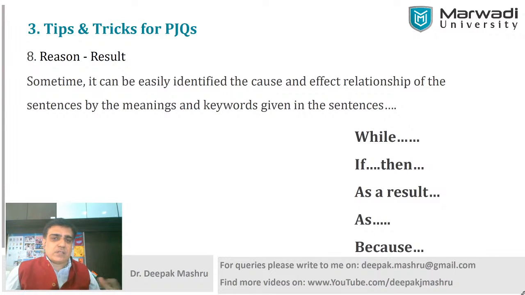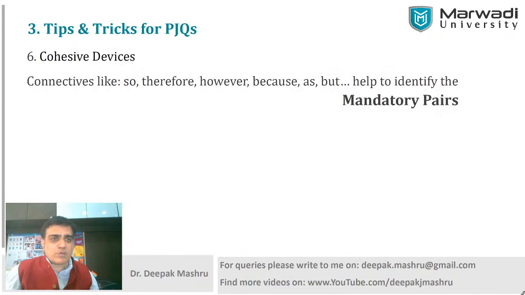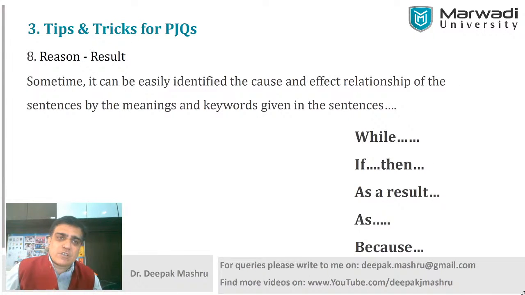That means the way I told you for coercive devices, here too you find out the keywords, and reason and result are the same thing. For example, if a sentence starts with "while", that means something happened, so before that, what happened?